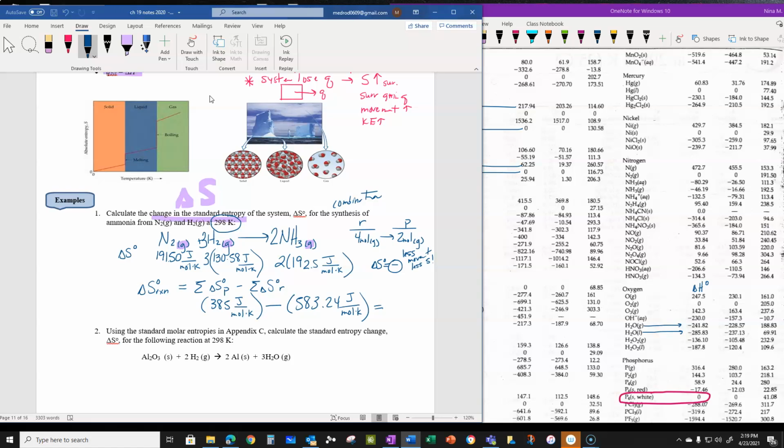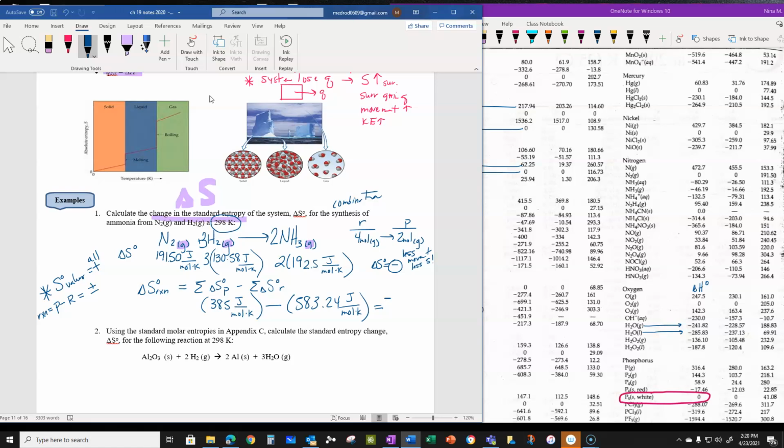So if I'm looking at these numbers, I know this answer will be negative. So I'm making just a little side note here. The entropy individual values, all positive, okay? However, the calculation for the reaction, products minus reactants, it could be anything, negative, positive, whatever, okay? And this definitely looks like a negative number.